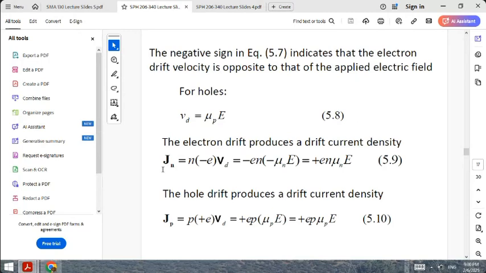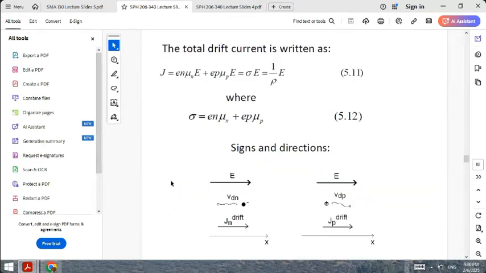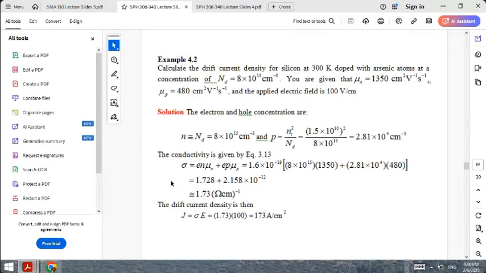Okay, so the question is calculate the drift current density. That is what we want to calculate, J, this J. So what do we have? We remember from the mass action law that most of the electrons come from the donor atoms.